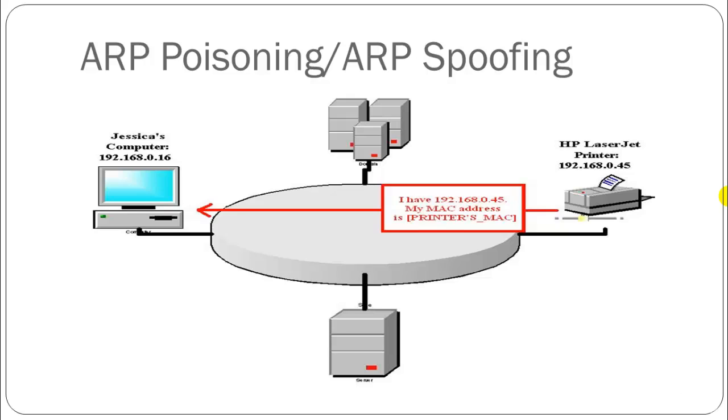Then there is the reverse request, RARP, which is the same concept as the ARP request, but over here computer A, that is Jessica's computer, asks who has this MAC address, and then the HP LaserJet printer replies that it has the MAC address.